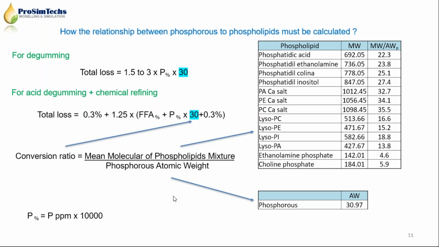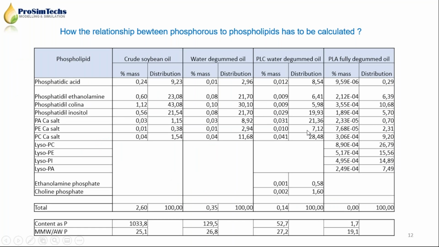Let us see some examples. I have put this table here just to mention that this ratio changes along the process, since the composition of phospholipids changes along the degumming or refining process, and this depends on the type of vegetable oil and on the type of process.